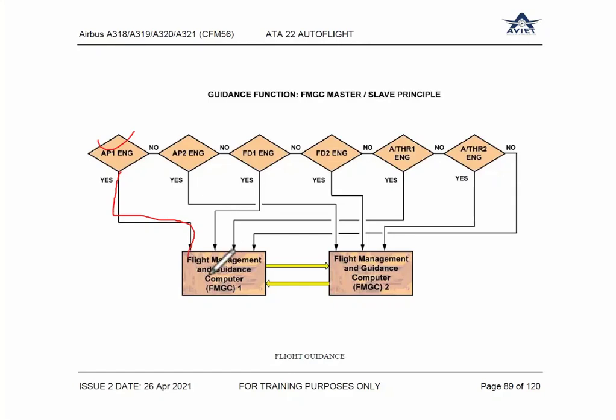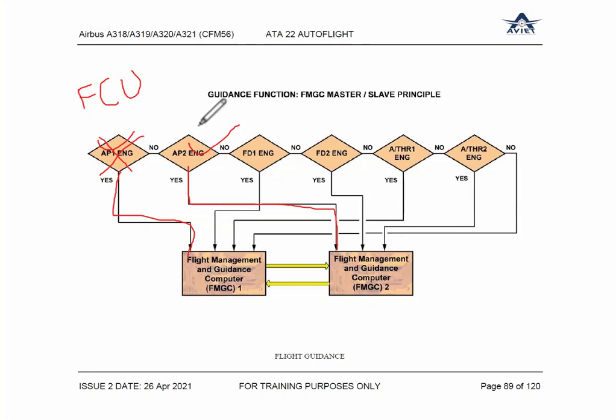Let us say autopilot 1 is not engaged, and autopilot 2 is engaged. So what happens in this case? FMGC 2 will be master, not number 1. So who's controlling the master? FCU buttons, either autopilot 1 or autopilot 2.